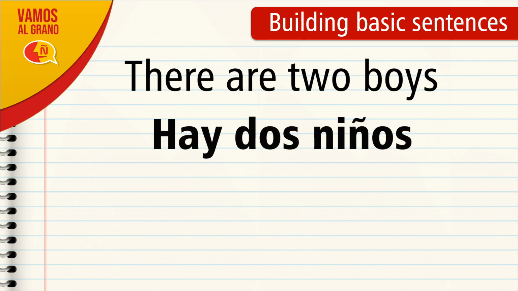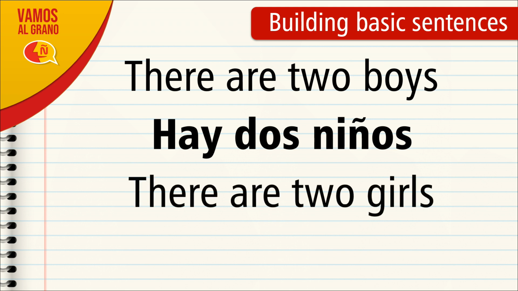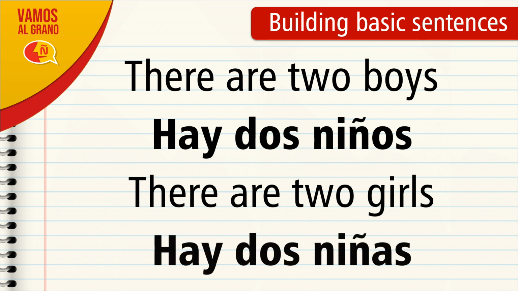Hay dos niños. Hay dos niños. Another example, there are two girls. Hay dos niñas. Hay dos niñas. So, as you can see, it doesn't matter if you are using there is or there are in English. In Spanish, it's always going to be hay in the present tense.